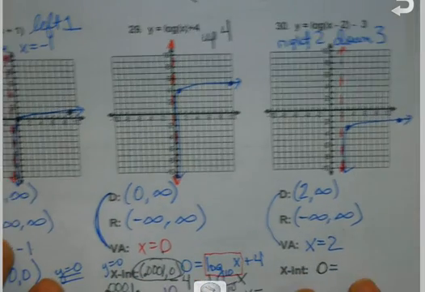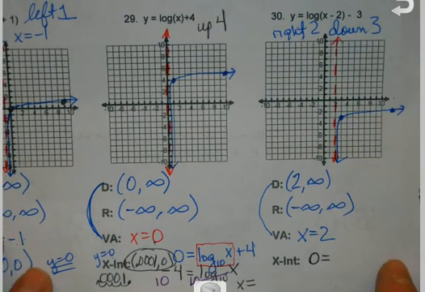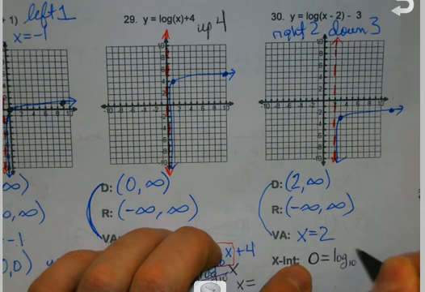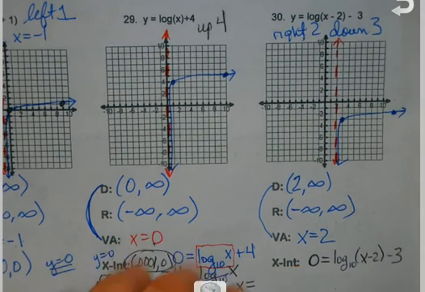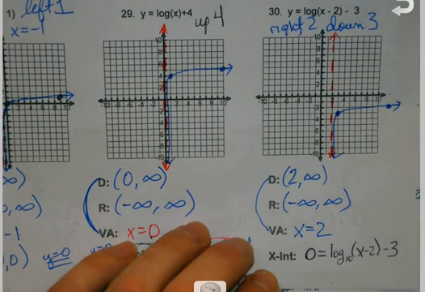Remember, when I'm looking for my x-intercept, my y value is always 0. So it's 0 equals log base 10 of (x minus 2) minus 3. Now this could get to be a little bit cramped here in a minute, but we'll make it work.